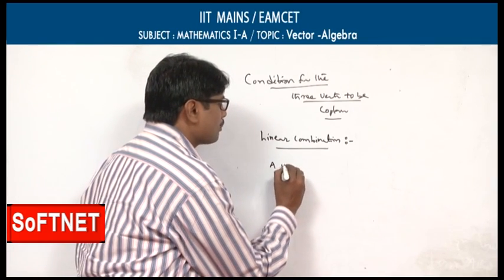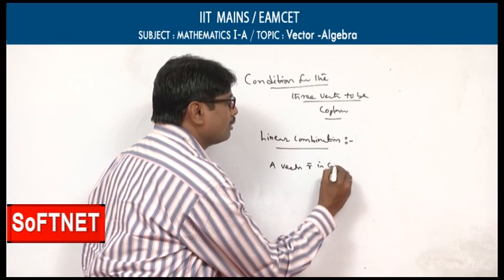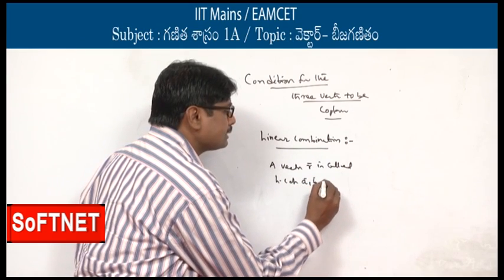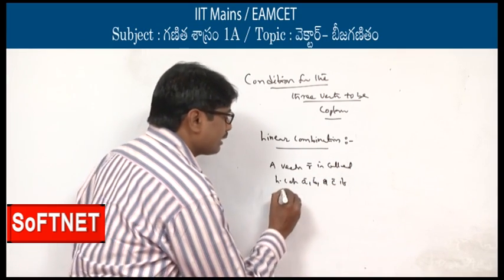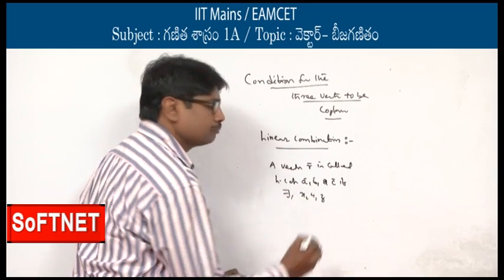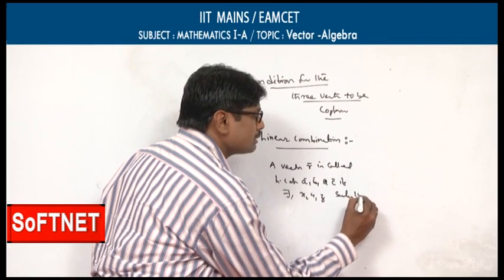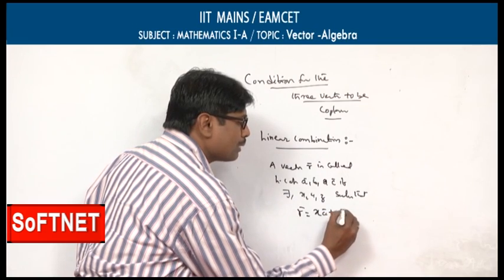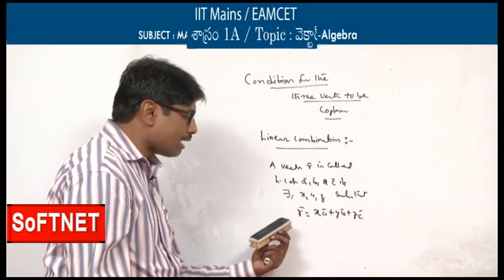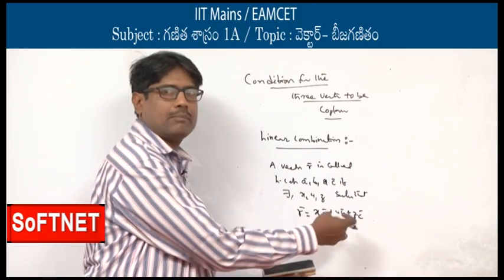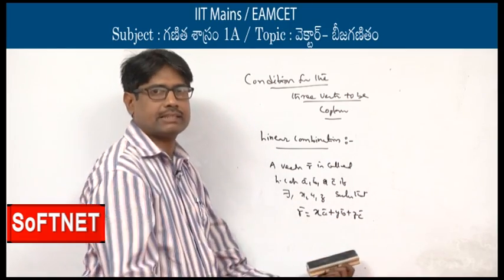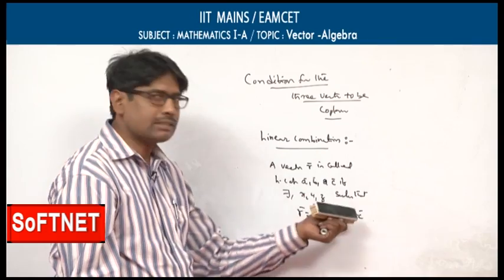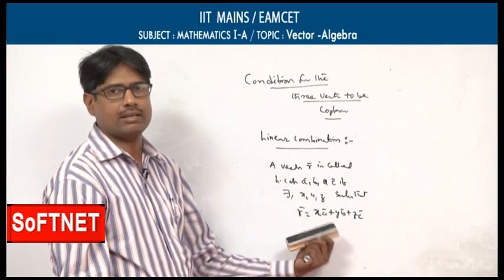For example, a vector r bar is called a linear combination of A bar, B bar and C bar if there exist scalars x, y, z such that r bar is equal to x times A bar plus y times B bar plus z times C bar. This r bar is called a linear combination of A bar, B bar, C bar with scalars x, y, z. Expressing a vector as a combination of other vectors with scalars is called a linear combination.